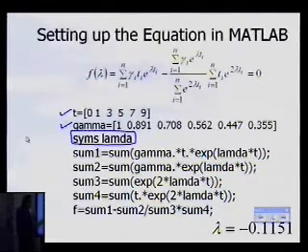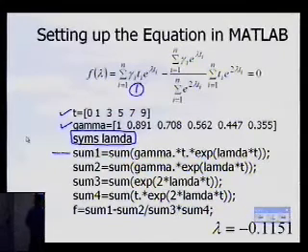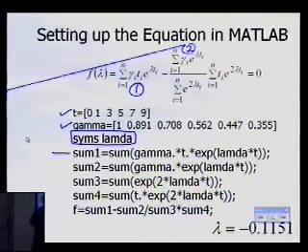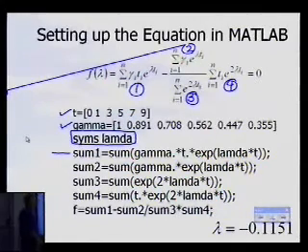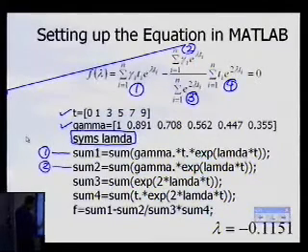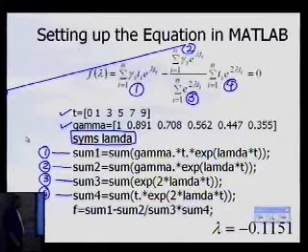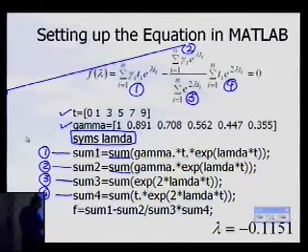And then what I'm doing is I am calculating my 4 summations. As I said, this is my first summation, this is my second summation, this is my third summation, and this is my fourth summation. So these 4 summations which I have, I'm calculating them here. And I'm using the sum command of MATLAB to do these summations.